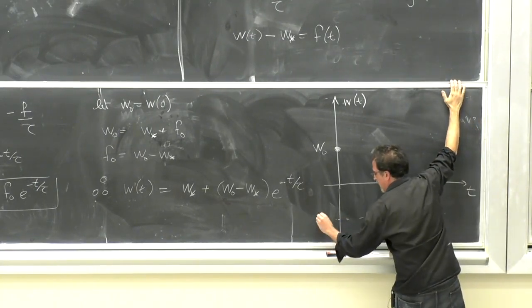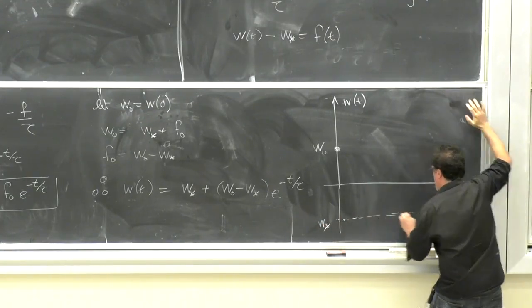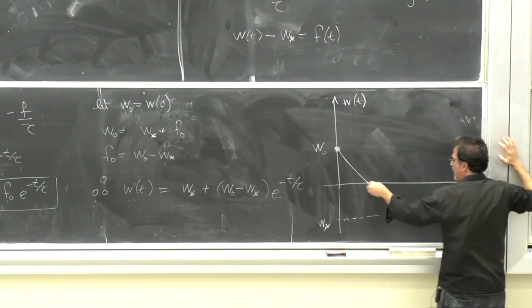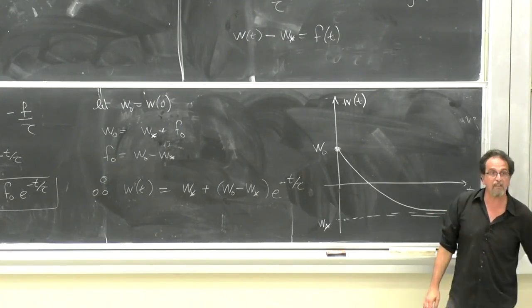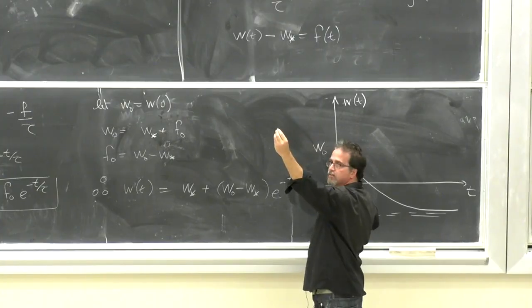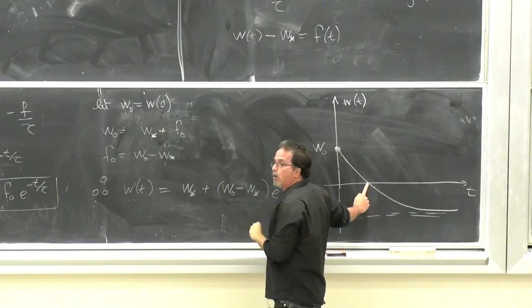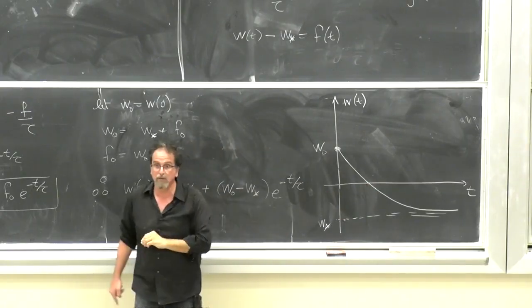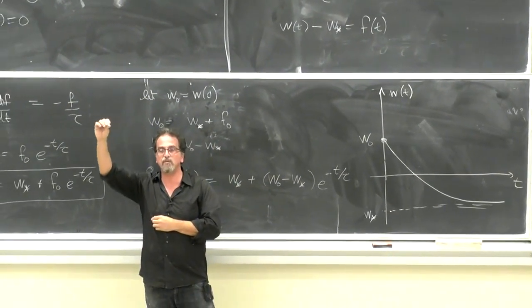This is w star, which is negative, and so it asymptotes to a negative value. So what happens is if I throw the ball up, it goes up, right? But it slows down and starts to decrease. Its velocity becomes more and more negative. At some point, its velocity becomes 0. That's at the top of its arc. And then it starts to go down.